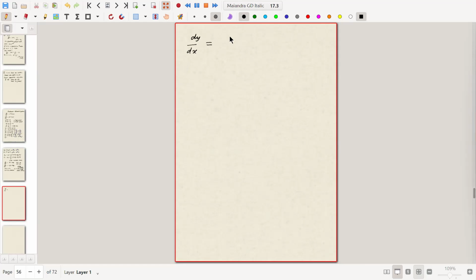What is dy by dx? Can you solve this analytically? That's the question. With high school knowledge of differential equations, can you actually solve this?